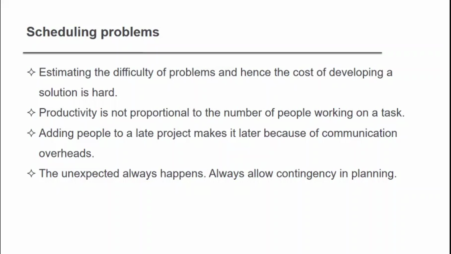When people join the team late, there will be a communication gap, and then you won't get the result. So that is another scheduling problem. The unexpected always happens, so always allow for contingency in planning. These are the scheduling problems you come across during project scheduling.